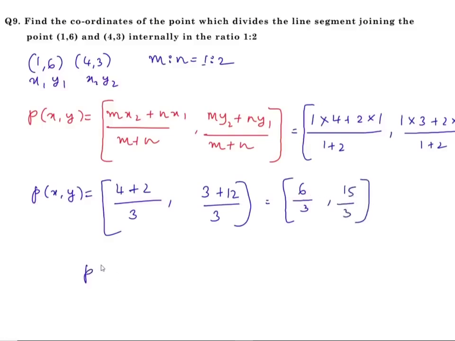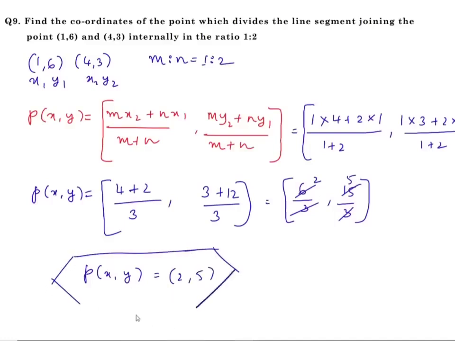What you get: 3 twos are 6, 3 fives are 15. So we get 2 comma 5. The coordinates of the point P of x comma y are 2 comma 5.